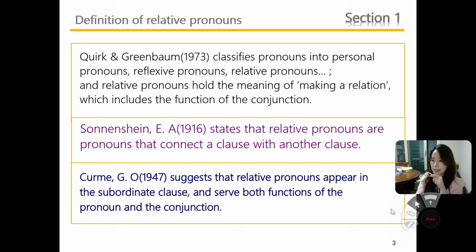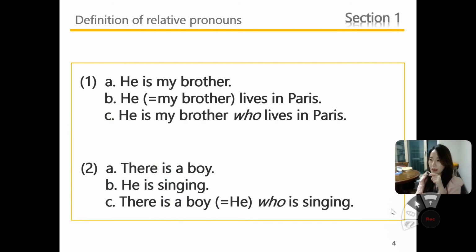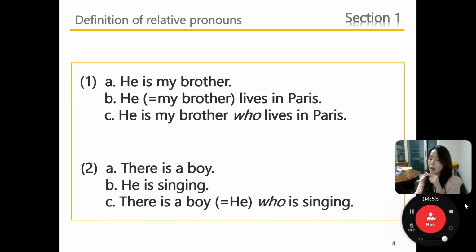Let me explain the reasons for their argument by considering the following examples on the slide. As shown in this slide, you can see the examples in 1A and 1B.